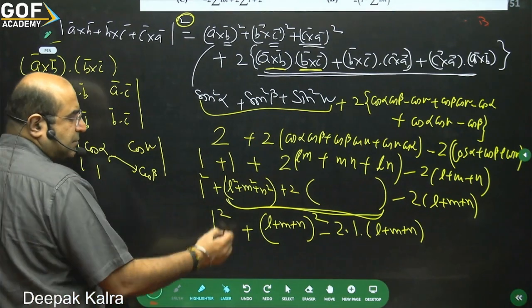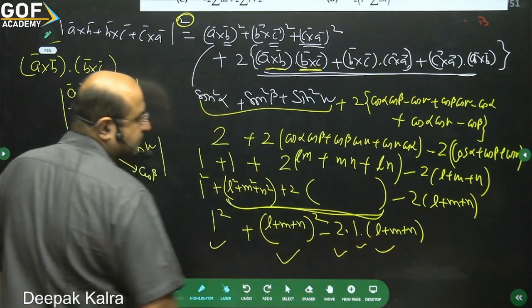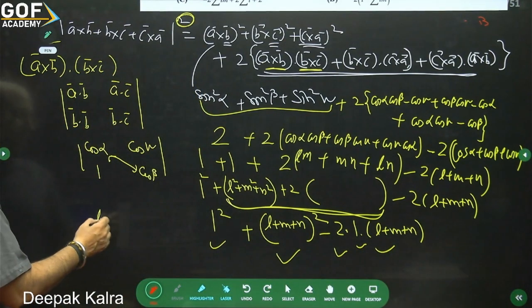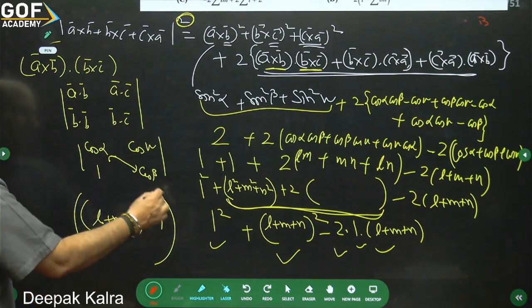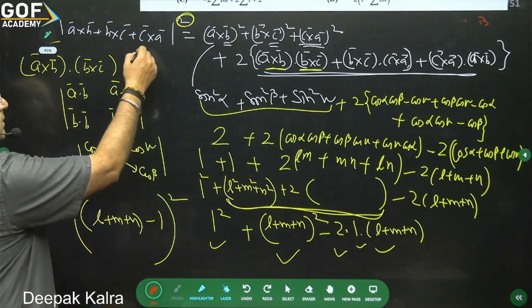So this is 1 square, so A square plus B square minus 2AB. So this becomes L plus M plus N minus 1 whole square, which is the answer of this expression.